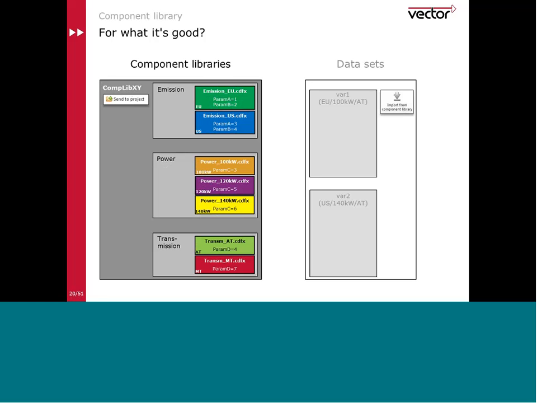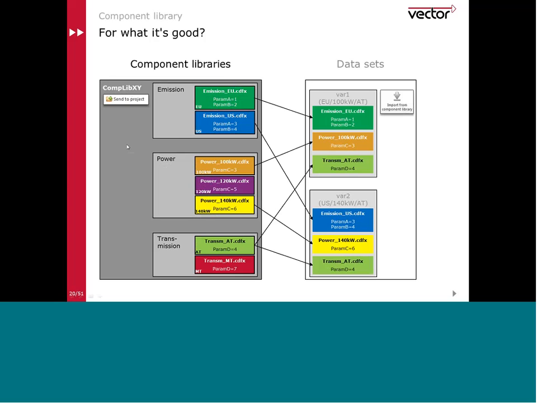And then imagine you can send these component libraries to projects, which means if I click on this button, then automatically this emission EU CDFX file is delivered into variant 1, because variant 1 is a dataset which has emission EU, and this component library also has emission EU.